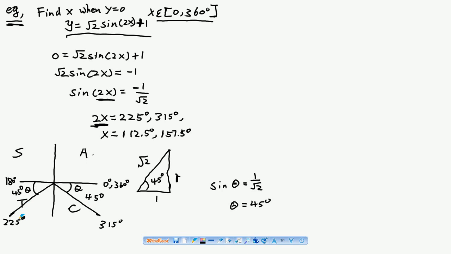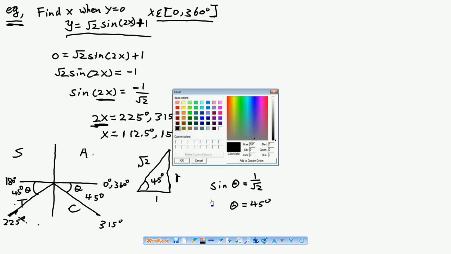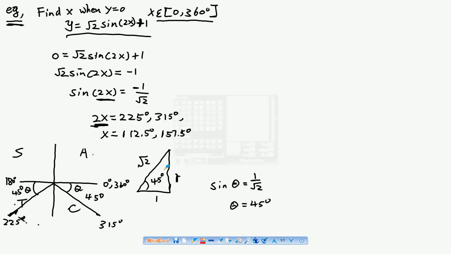Assume after I reach 225 degrees in the unit circle here, I go anticlockwise one more circle, like what we did in labeling the unit circle.